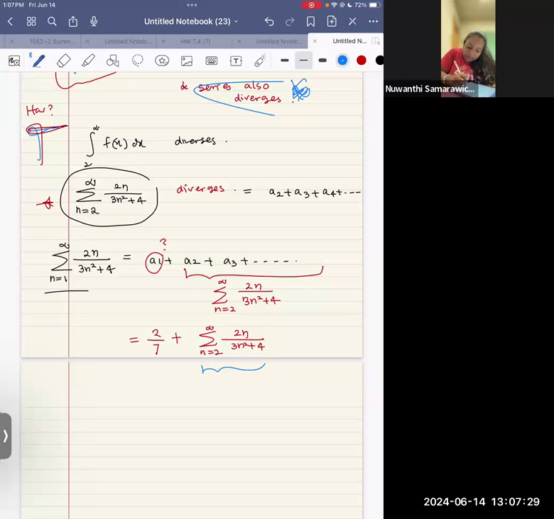When you add a number to infinity, it diverges. So whenever you add a number to infinity, this will also give an infinity. So that's why the series from n equals 1 of 2n over 3n squared plus 4 diverges.